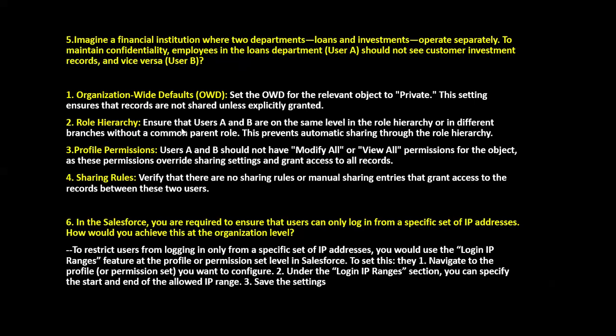Second, role hierarchy: ensure that users A and B are on the same level in the role hierarchy, or in different branches without a common parent role. This prevents automatic sharing through the role hierarchy. Third, profile permissions: users A and B should not have Modify All or View All permission for the object, as this permission overrides sharing settings and grants access to all the records.